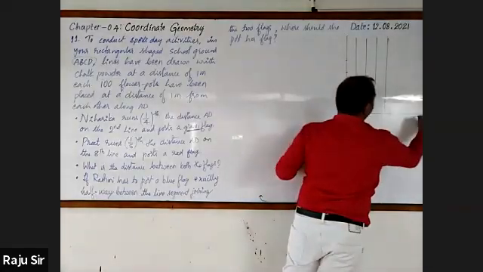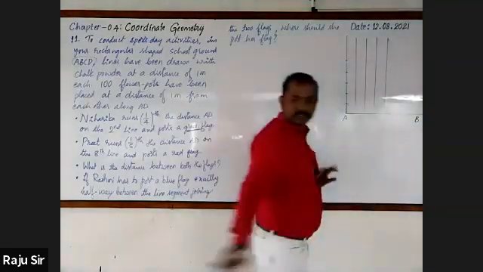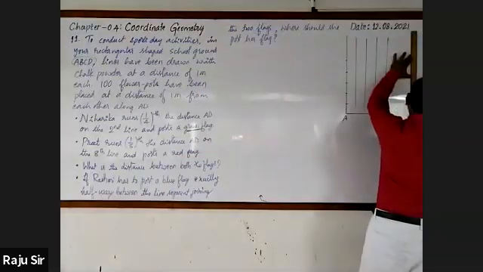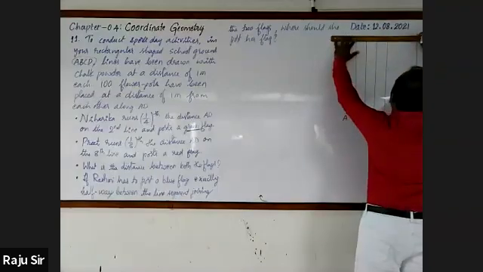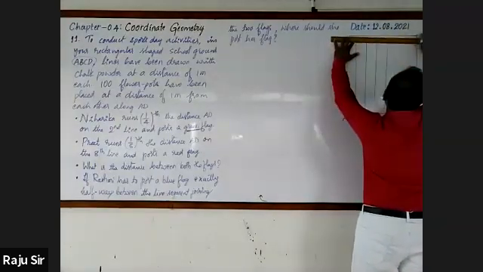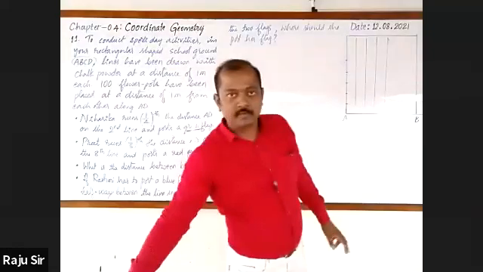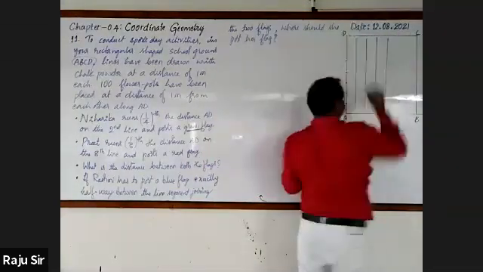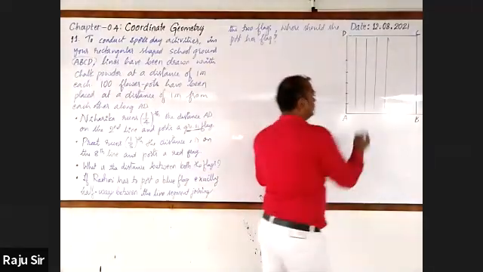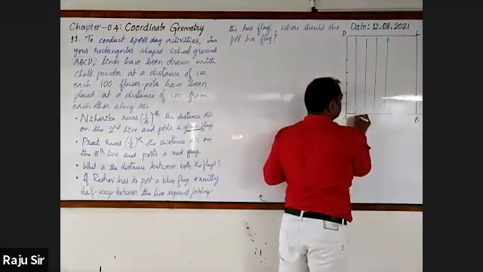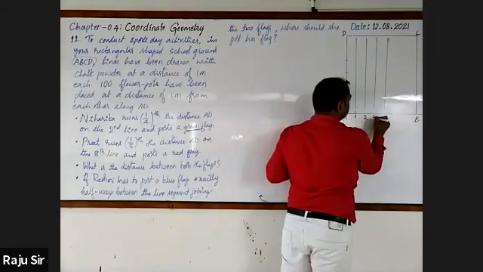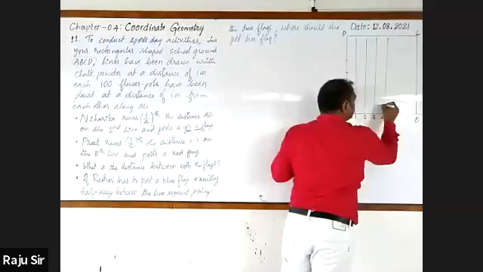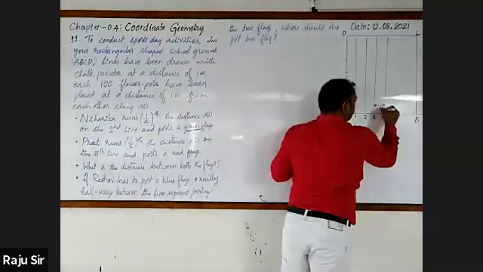Here I name this as A, B, C, D, a rectangular field. I'm going to mark these lines as 1, 2, 3, 4, and so on. And you can also show the distance between two lines is 1 meter.